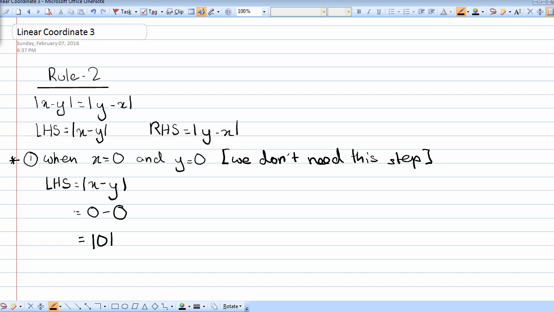So what we want is to transform this left hand side into the segregated component, which is the absolute value of y minus x. That's the way we should say it. Now let's go to step 2.